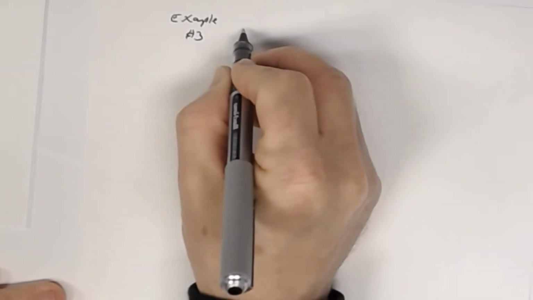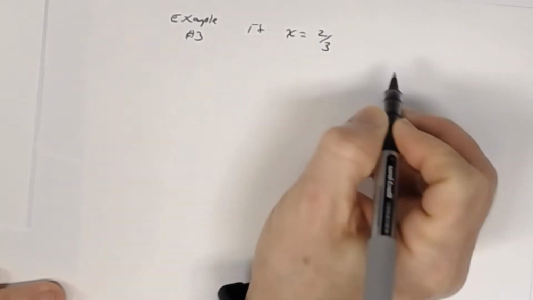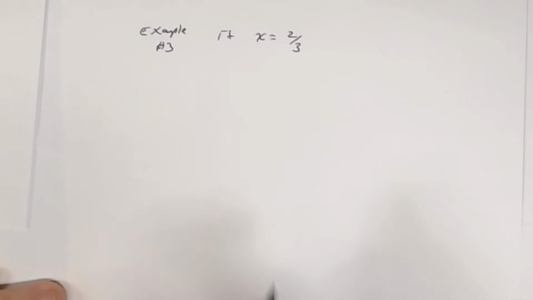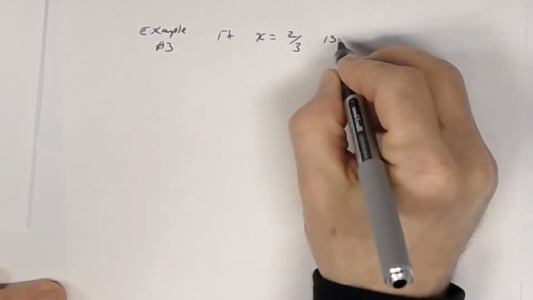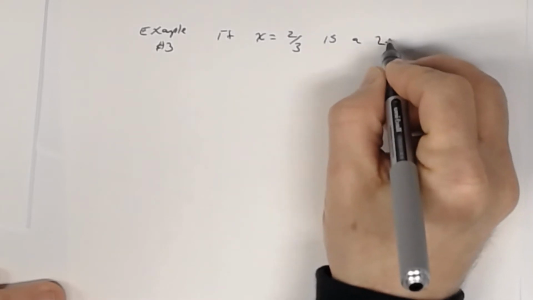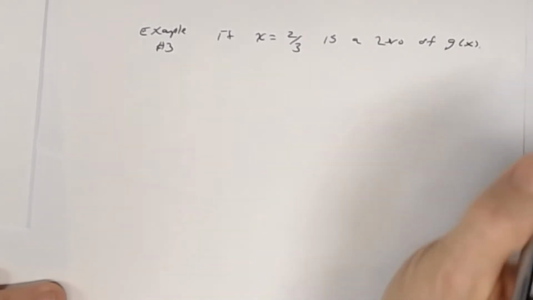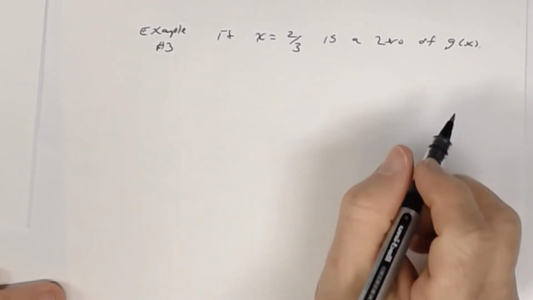All right. If x equal 2/3, this time we have a fraction that's a 0. X equal 2/3 is a 0 of g of x, let's say, of this polynomial function.